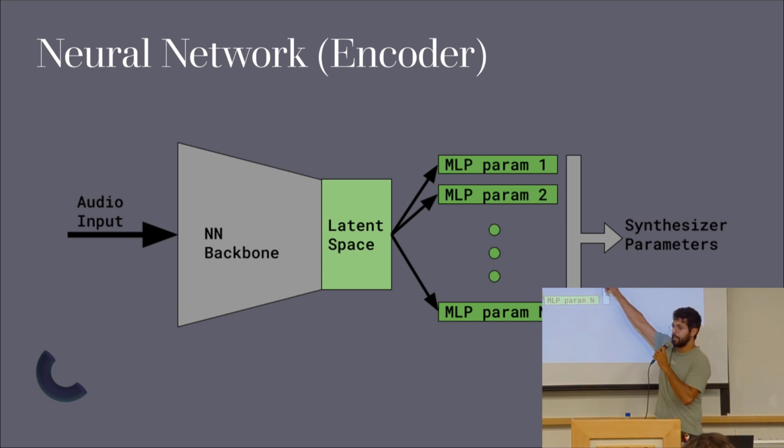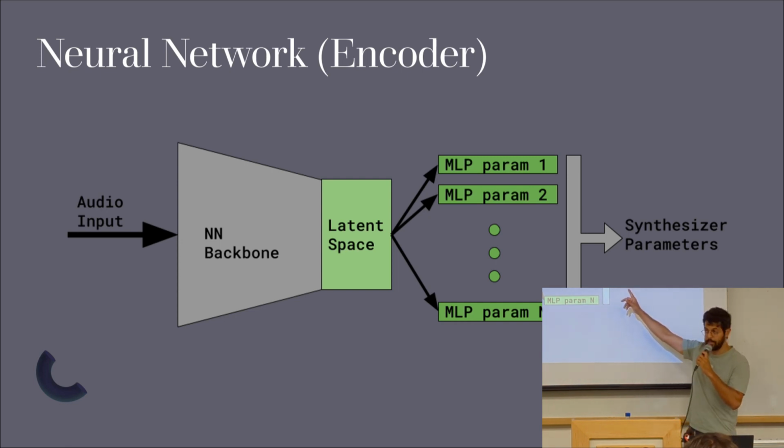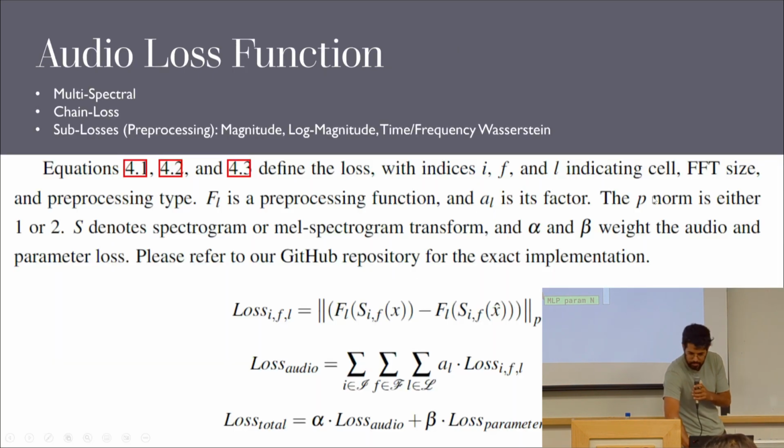And for each parameter, I have an MLP layers that actually predict the parameter that we need, okay? Maybe it's a frequency, a modulation index of the frequency modulation, the ADSR envelopes. MLP is a multi-layer perceptron. It's two fully connected layers.